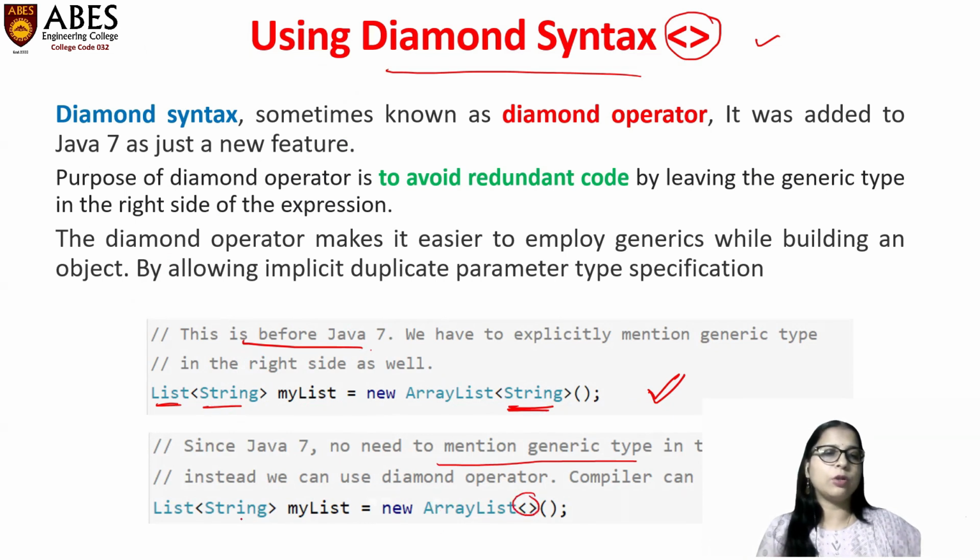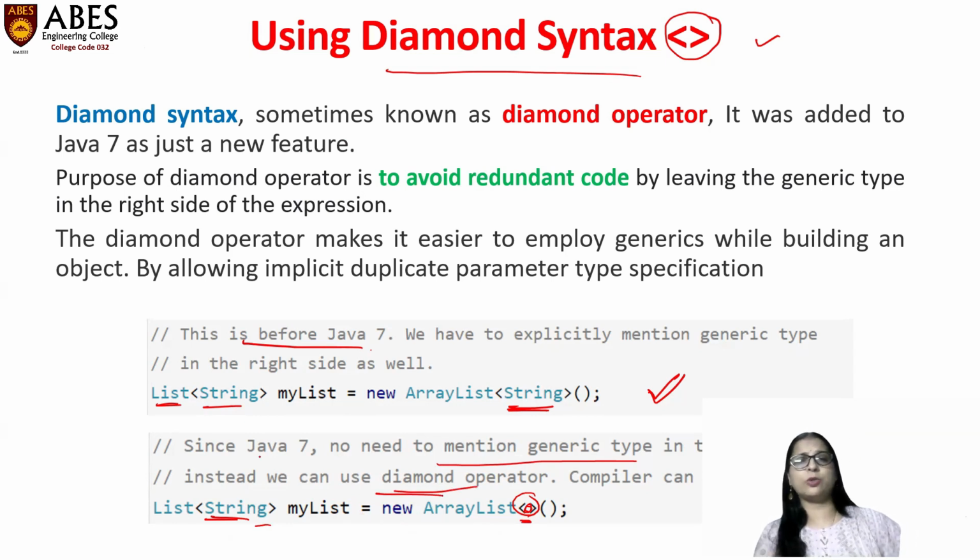So on the left we write string, but on the right we don't write any type. So that is the idea. This way the code is simpler and better with the help of the diamond operator. You don't need to write the string type on both sides, left and right.